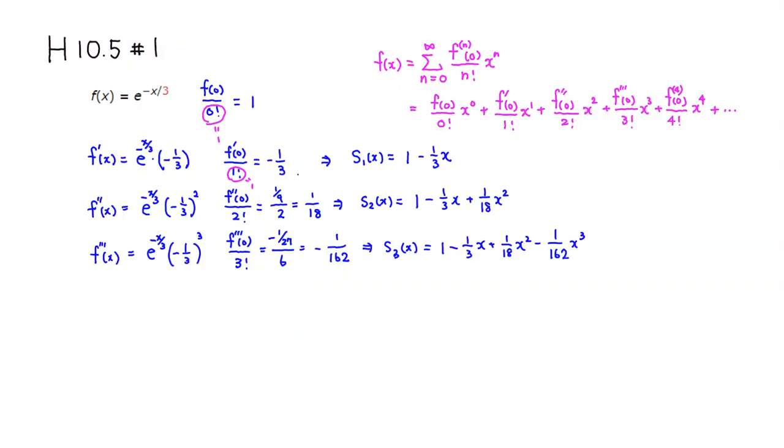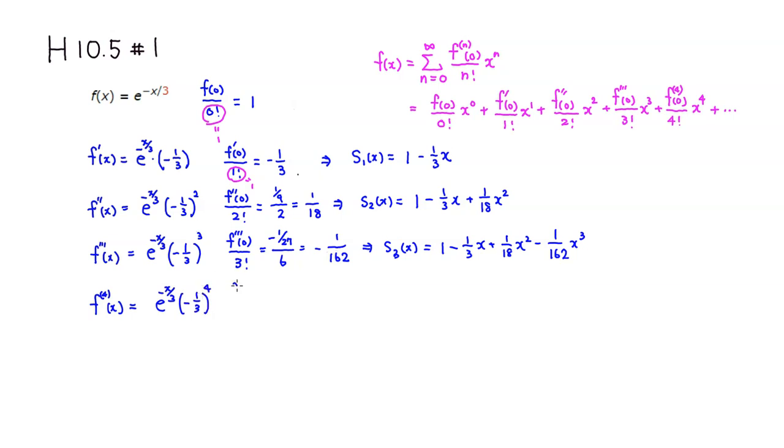Let's take the fourth derivative. This is going to be e to the negative x over 3, and then you have a negative 1/3 to the fourth power.